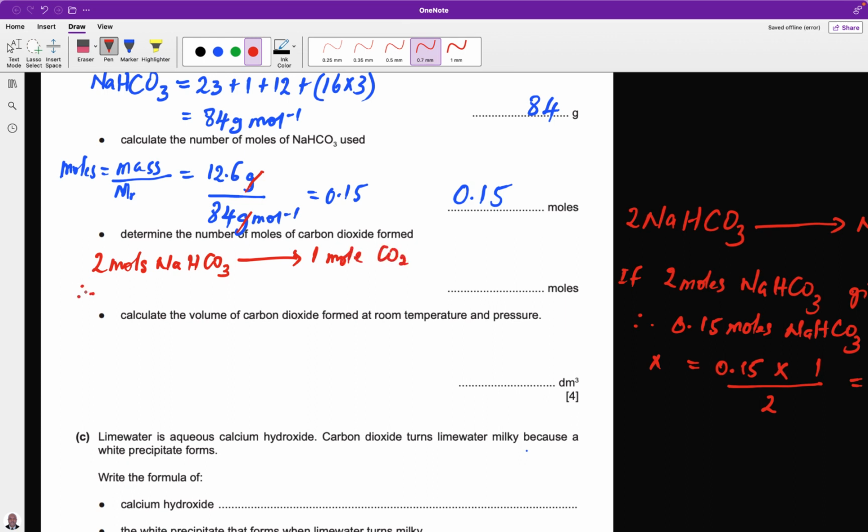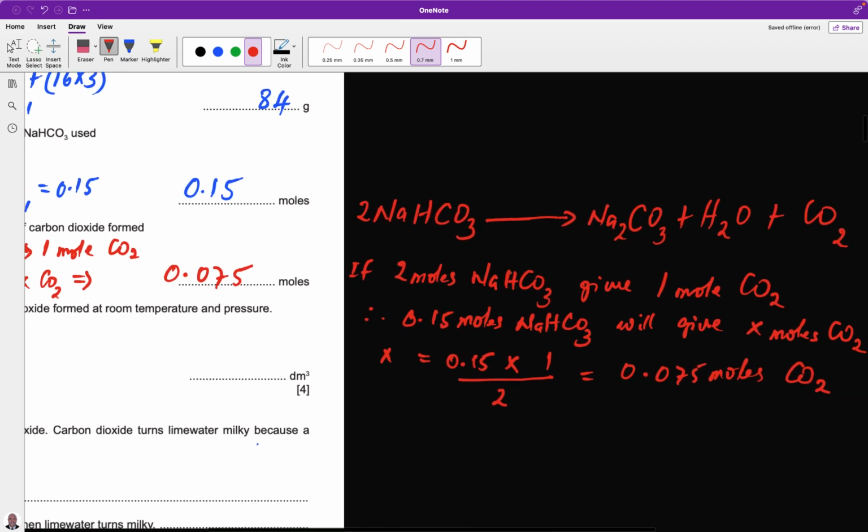Therefore, 0.15 moles of sodium hydrogen carbonate will give X carbon dioxide, and our X will be equal to 0.075 moles of carbon dioxide. That is the number of moles of carbon dioxide formed.